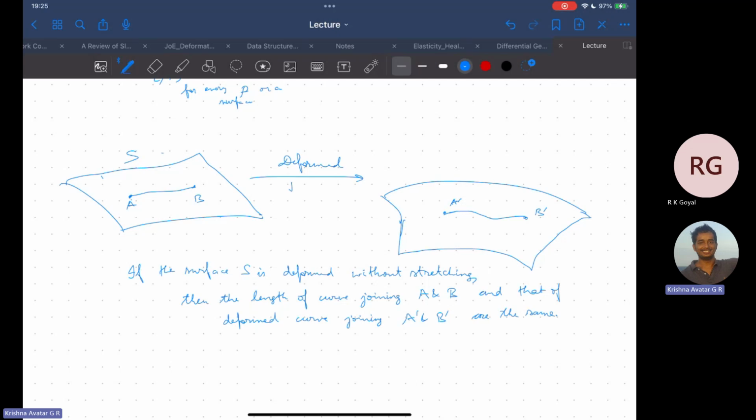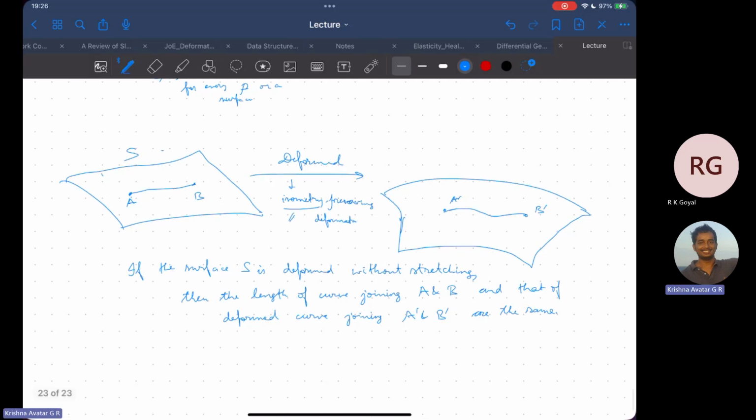And that deformation is known as, I just forgot its name, sometimes called isometry preserving deformation. And you know what the meaning of isometry implies, right? Isometry is deformation in which lengths are preserved.